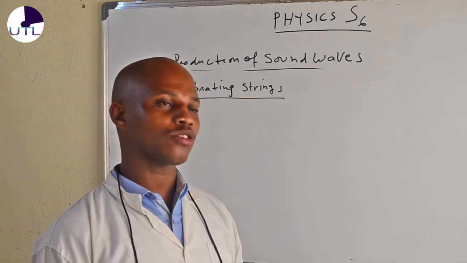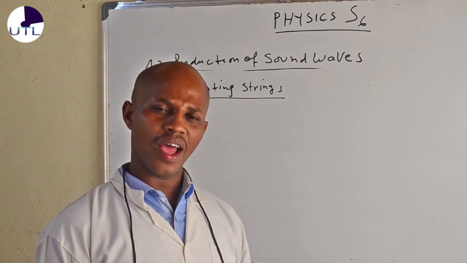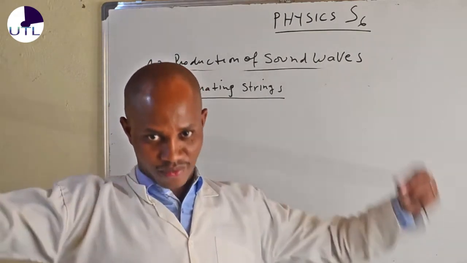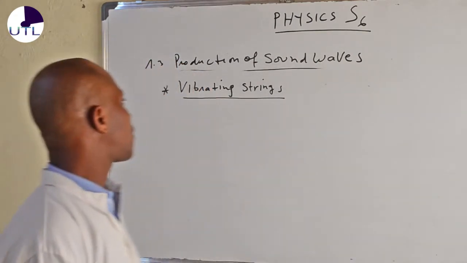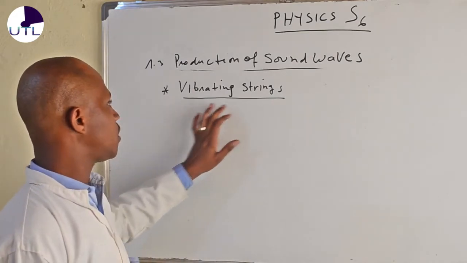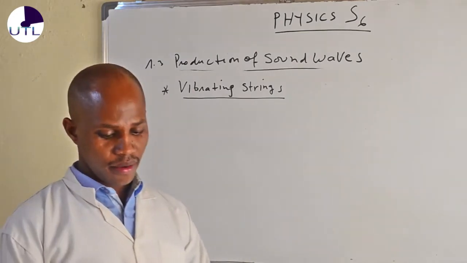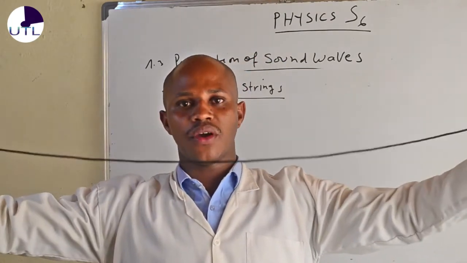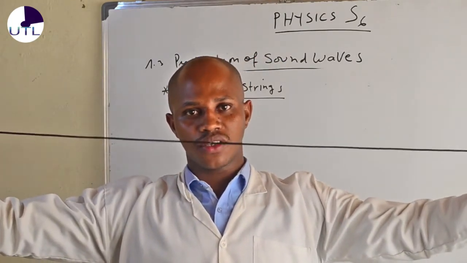But also you may ask yourself, why are we using a string like this? Very simple. You can read here, vibrating strings. Remember, we are familiar with strings, like when you are on a guitar, you know that you are using strings.